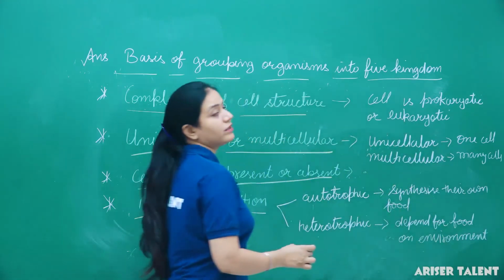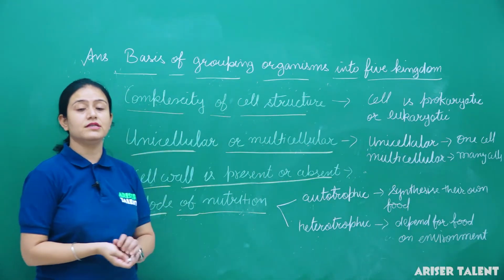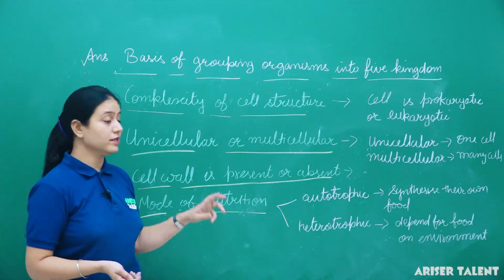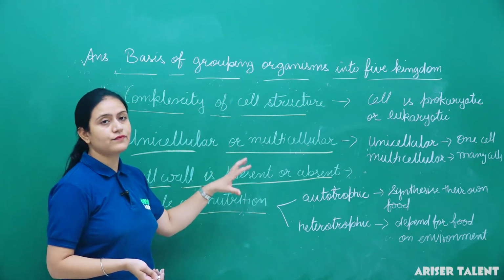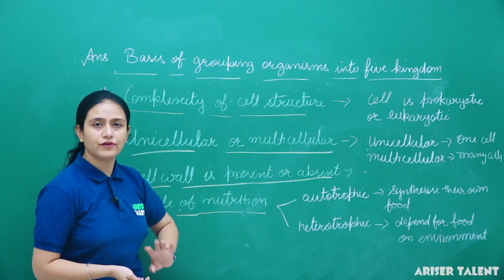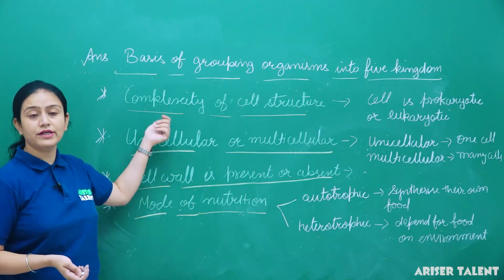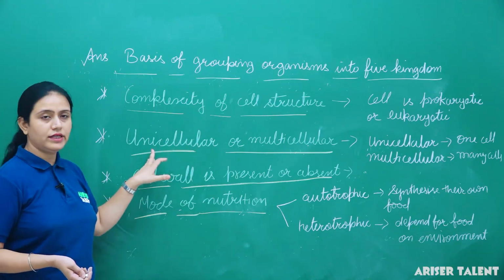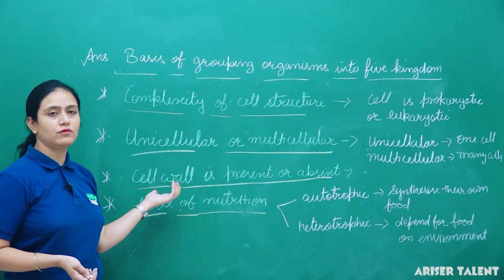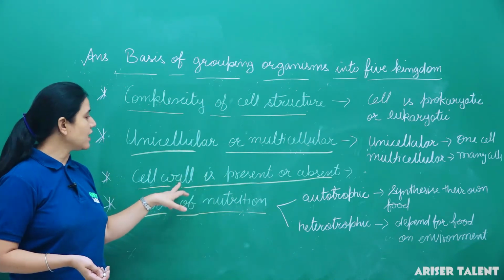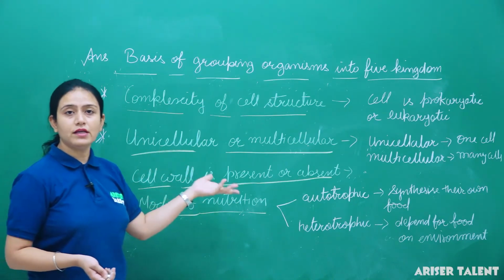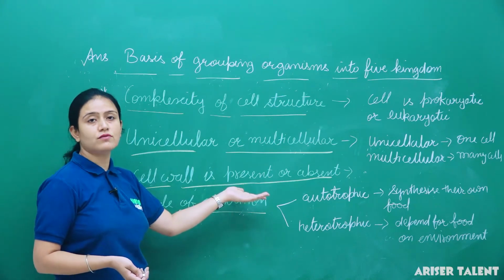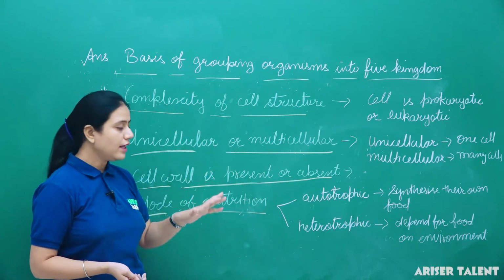So these were the basic characteristics on which they classified the organisms into the 5 kingdoms. What are they? Complexity of cell structure, meaning prokaryotic or eukaryotic, unicellular or multicellular. Cell wall present or absent: if present, they were kept in the plant group, and if absent, in the Animalia group.